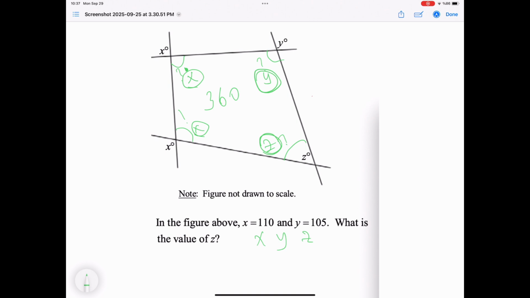So we have this simple equation then, 2x plus y plus z is 360. We know that x is 110, so 220, and y is 105, plus z is 360, so 325 plus z is 360, and z is then 35.